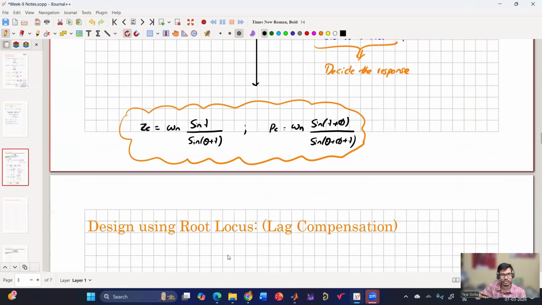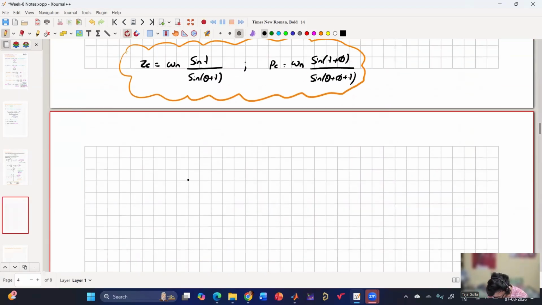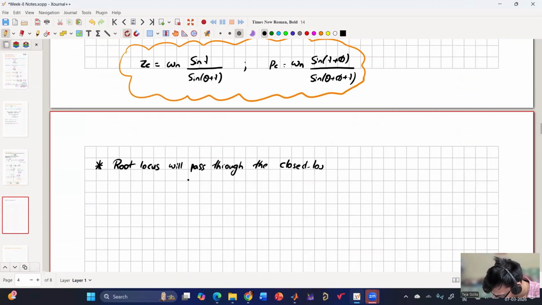So the root locus will pass through the closed loop pole. Which means if I calculate the magnitude of GC of S into G of S at S equal to SD, the magnitude should be 1.